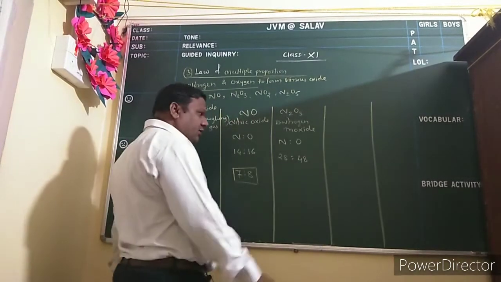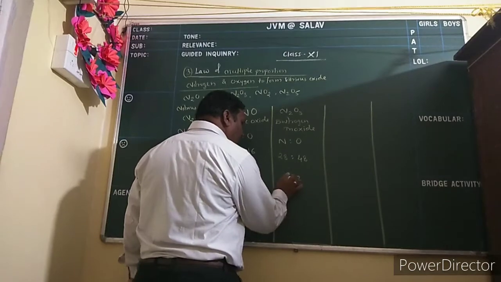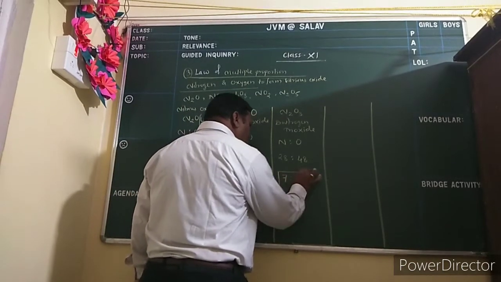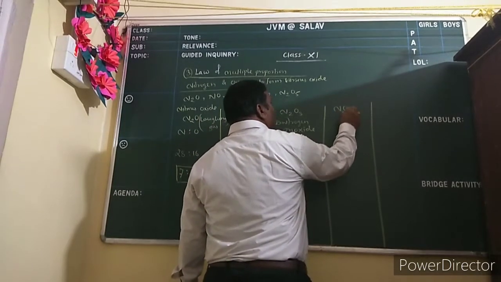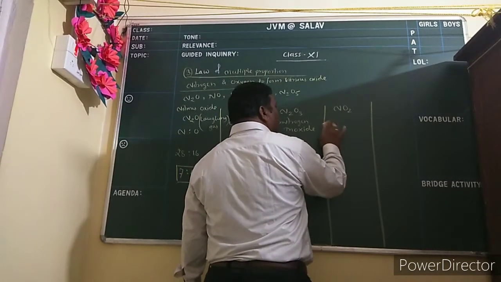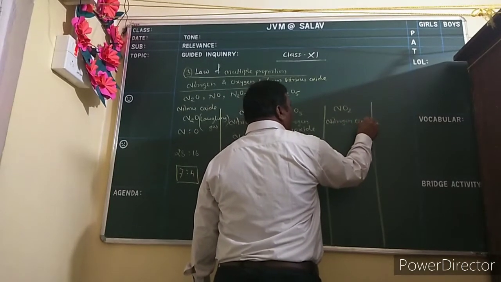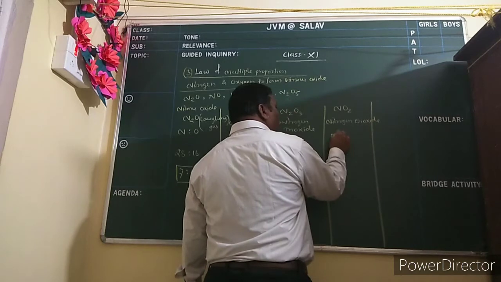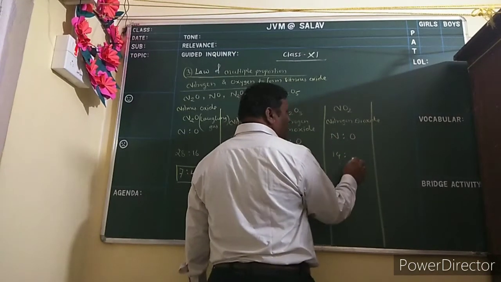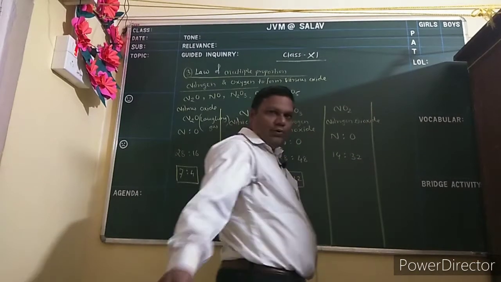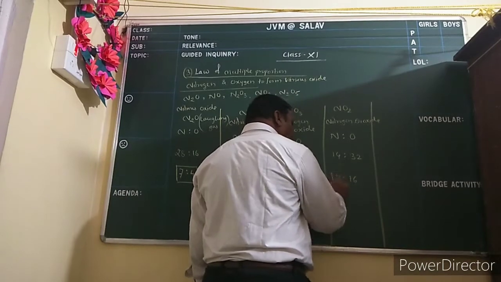What will be the common factor? 4 is common. So 7 to 12. 7 to 12. Then NO2, nitrogen dioxide. Nitrogen to oxygen, how much? 14 to 32. 14 to 32 means 7 to 16.